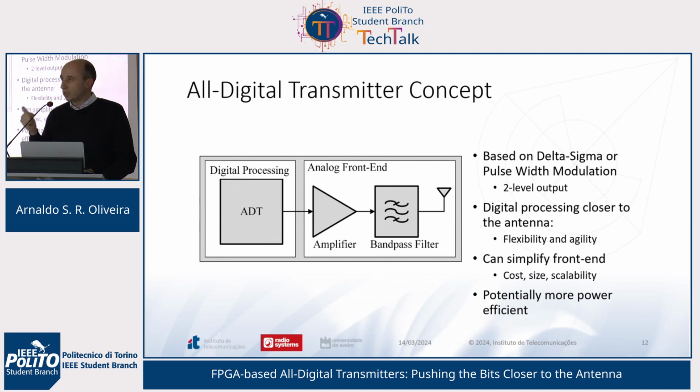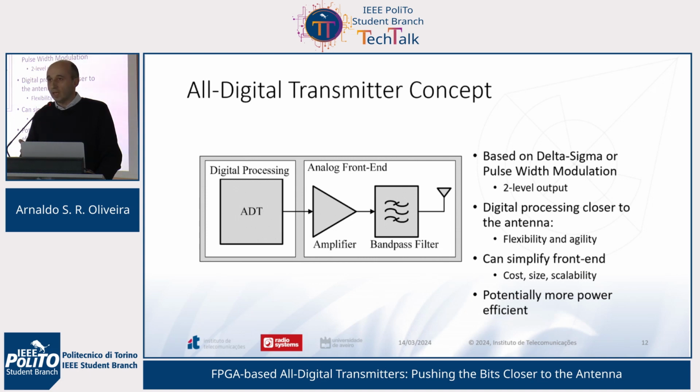We push the processing closer to the antenna, which gives us more flexibility and agility. It can simplify the front end because we avoid the traditional DACs altogether, which can result in lower cost, lower size, and more scalability.